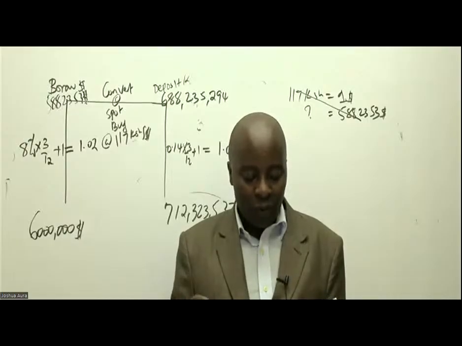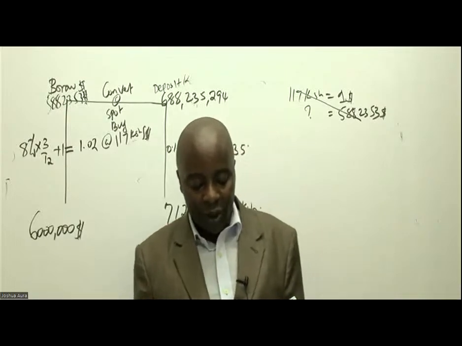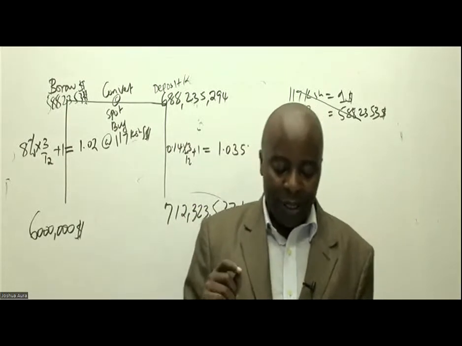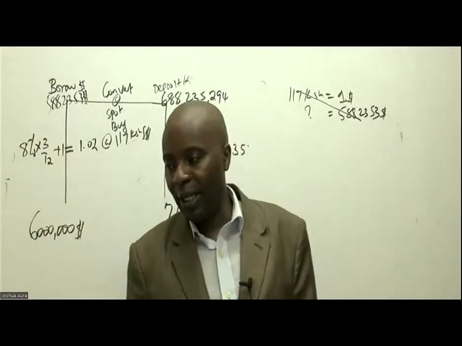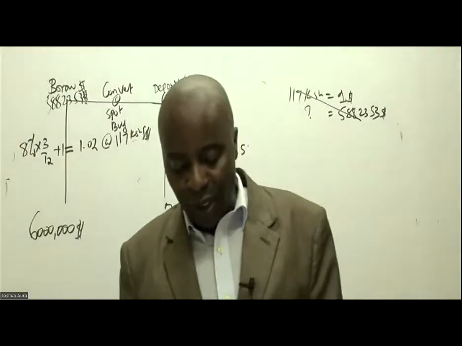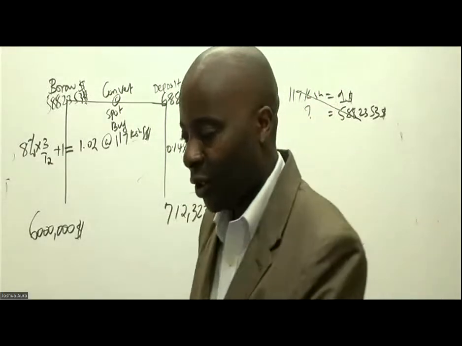So they want us to determine whether a forward market hedge, money market hedge or a currency option hedge would be most appropriate for the company. We start with the forward market hedge.